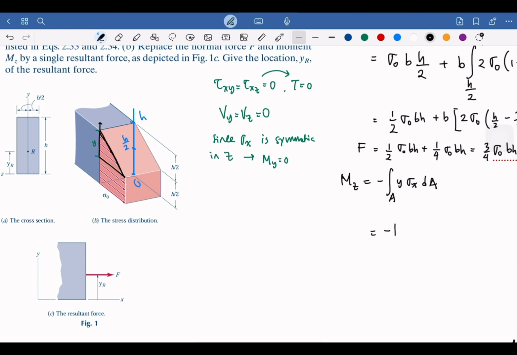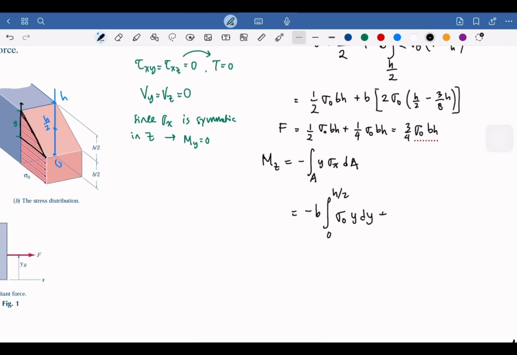Let me write negative b, now we can complete everything here. Sigma 0 y dy plus the integral from h over 2 to h of sigma 0, now 1 minus y over h.